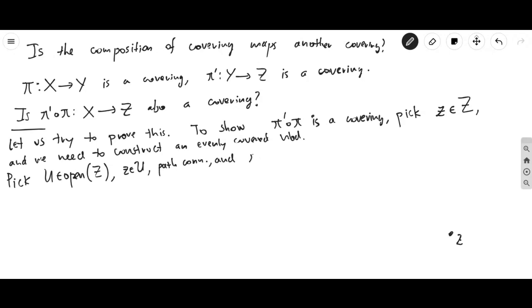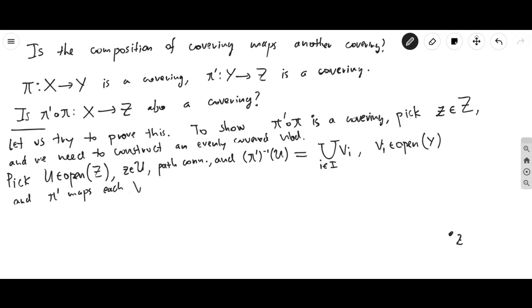and when you pull it back, pi prime inverse of U, you will get a union of path components, Vi, where Vi are now open sets in Y, and pi prime maps each Vi homeomorphically onto U. So the picture here is you're going to construct an evenly covered neighborhood U, and then you're going to get this stack of pancakes.